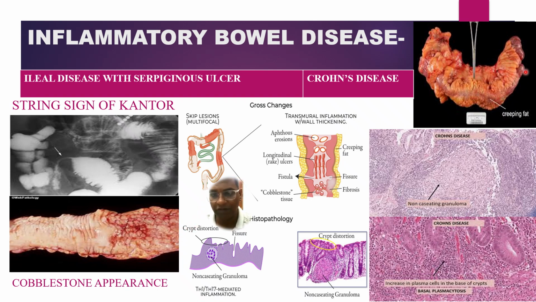You can see creeping fat here pulling to one side. And grossly there will be skip lesions, transmural inflammation, perianal fistulas, and on microscopy, crypt distortion will be there, and non-caseating granulomas. And there will be increase in the plasma cells.